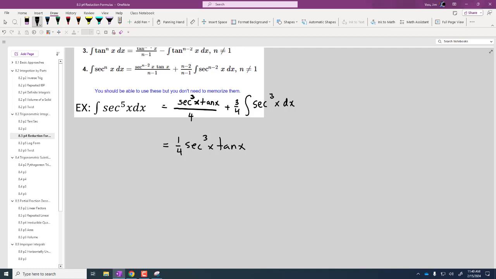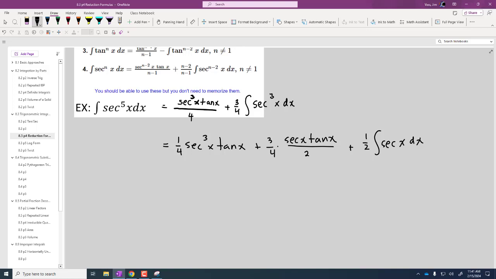So we're going to get a 3/4 multiplied by secant times tangent divided by 2, plus, n is 3 now, so that's going to be 1 over 2 integral of secant to the 1. Let me know if there's a step there you're not totally tracking.